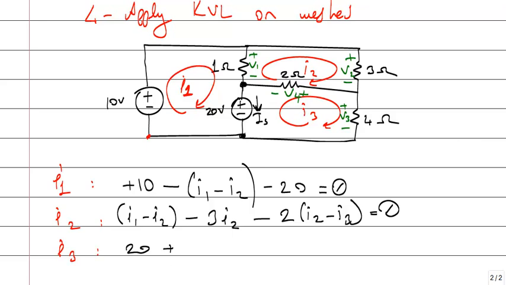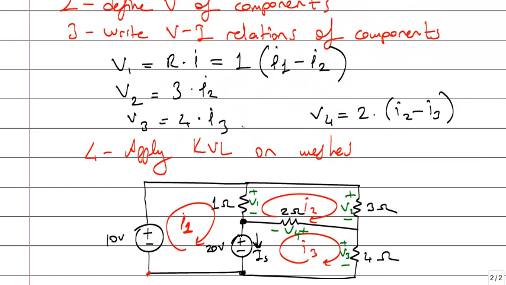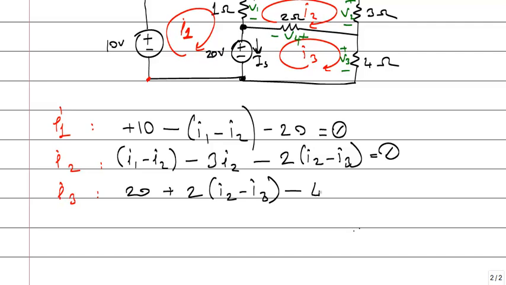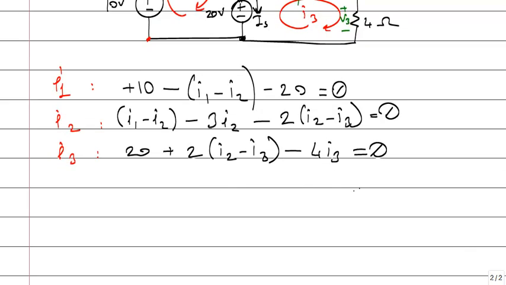increase plus V4. V4 is 2 times I2 minus I3. Continue, there is a voltage drop of V3, minus V3. What's V3? 4I3. 4I3 is equal to 0. How many unknowns? 3 unknowns.